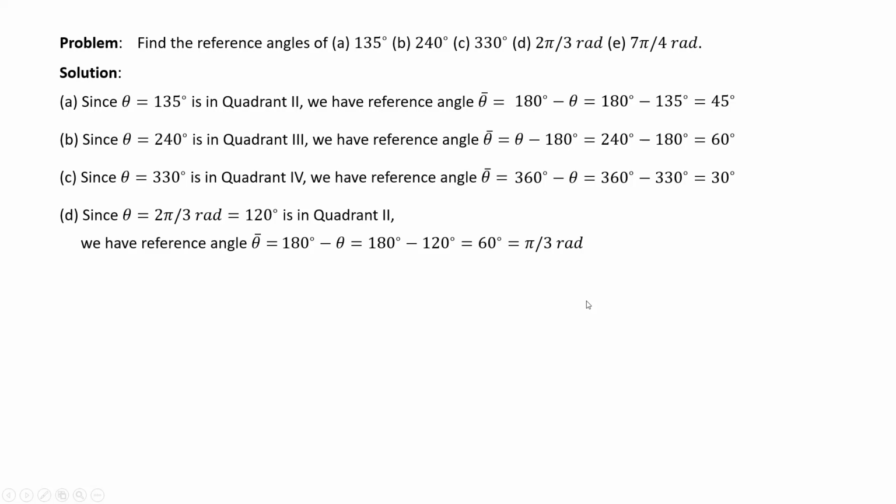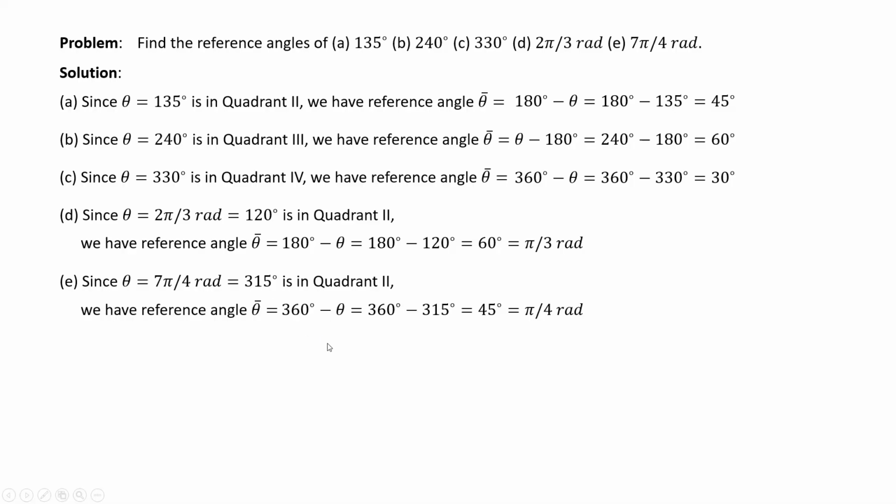There we go. Cool. 7 pi fourths, same idea. Pi fourths is 45 degrees, 45 times 7 is 315, and 360 minus 315 is 45 degrees, which is pi fourths radian.